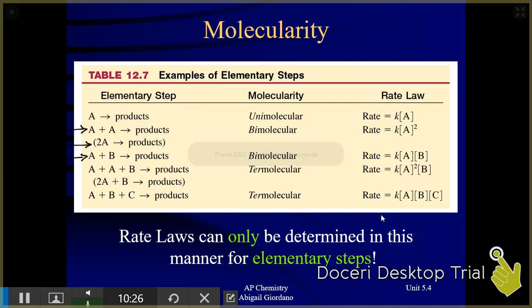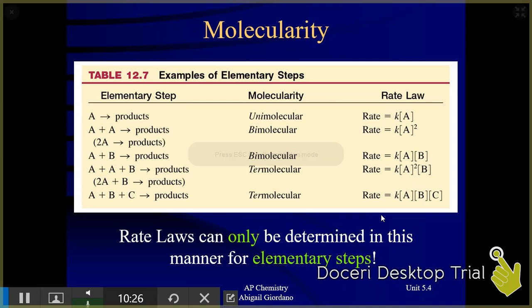This one is also a bimolecular elementary step. The prefix ter means 3 or more. So if you look at these other examples here, you have 3 or more moles of reactants colliding and reacting. Again, that term molecularity is a term you only use with elementary steps.